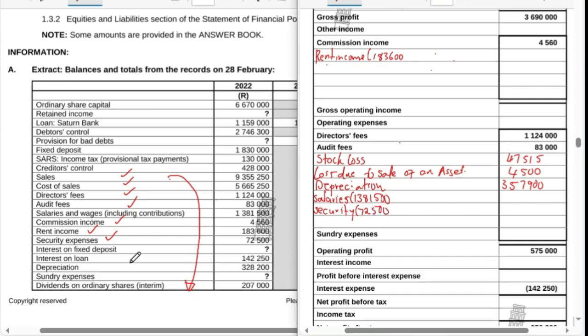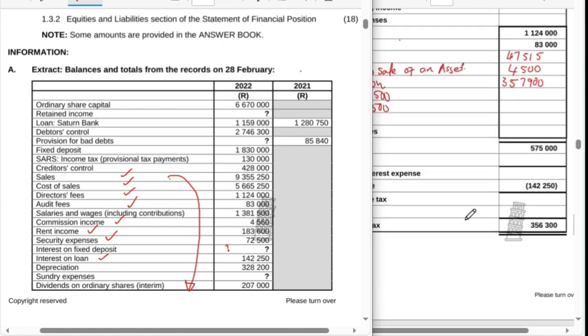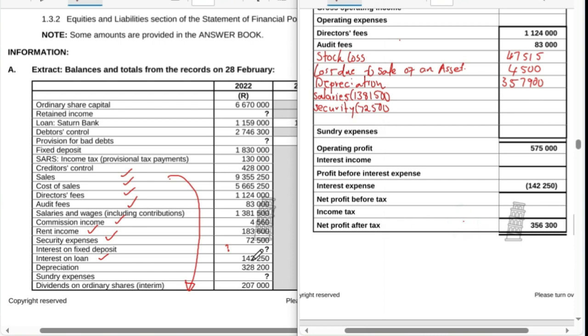And then interest on fixed deposit, it's a question mark. And then interest on loan, it's 142,250, and then it has been recorded, given, and also what? Recorded for us.